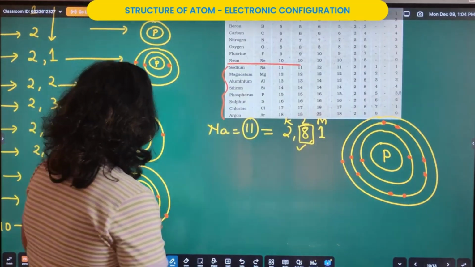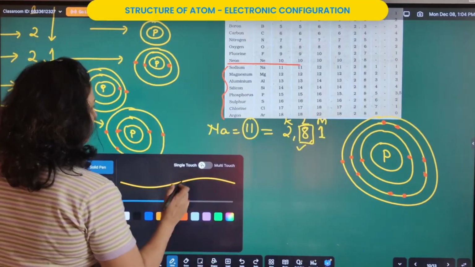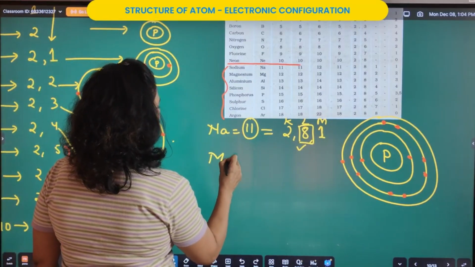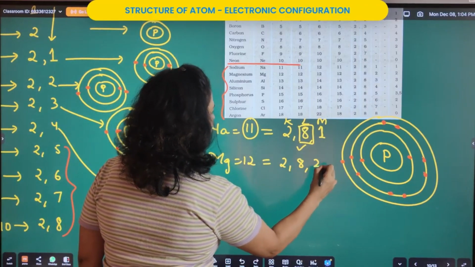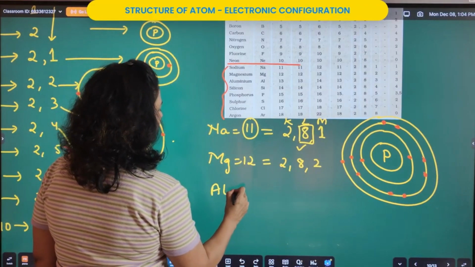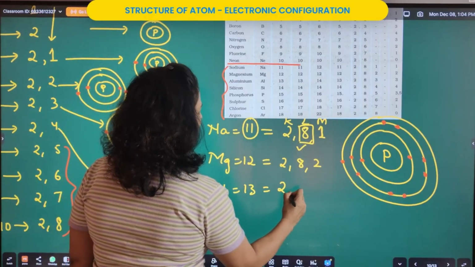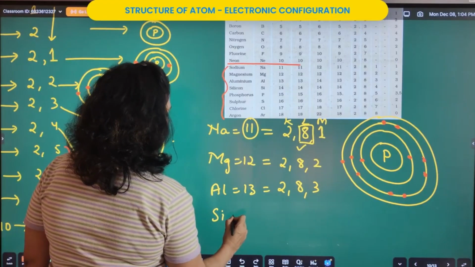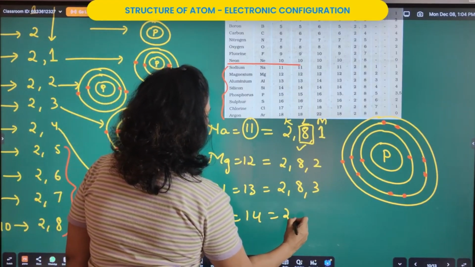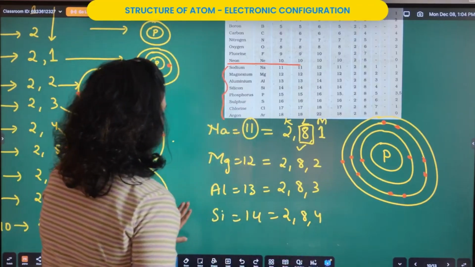Okay, similarly you can go for magnesium. Magnesium is 12, electronic configuration will be 2, 8, 2. Then you have aluminium, 13, electronic configuration 2, 8, 3. Then silicon, Si, 14, it will be 2, 8, 4.